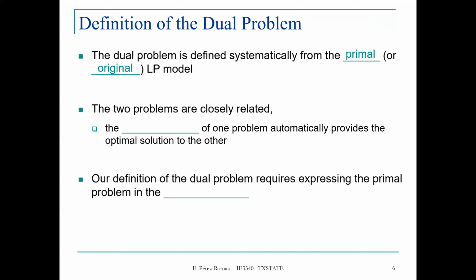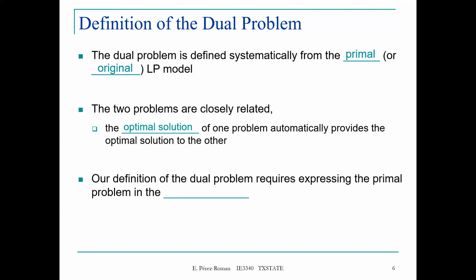That's what we're going to call the primal. So the dual is defined systematically from that original model. The two problems are closely related. The optimal solution of one problem automatically provides the optimal solution to the other. Okay, so these two models, primal and the dual, will have the same optimal solution.